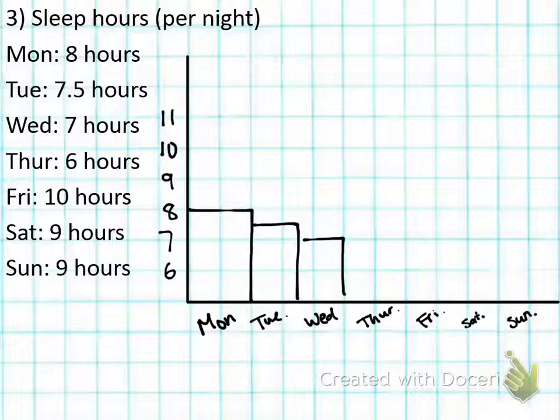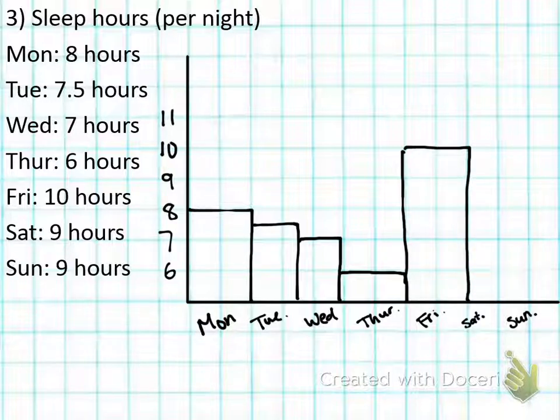Aren't you guys watching what I'm doing? Yeah, I was just making sure. I'm just seeing if you were paying attention. You weren't. I didn't realize. 7. Thursday. 6. 10. Saturday. 9. So this is messy. And Sunday. 9. Okay.